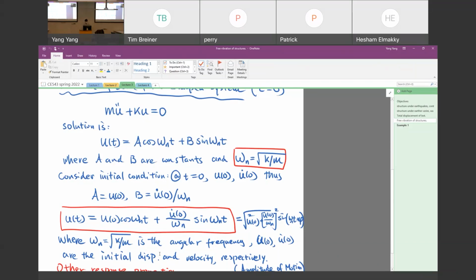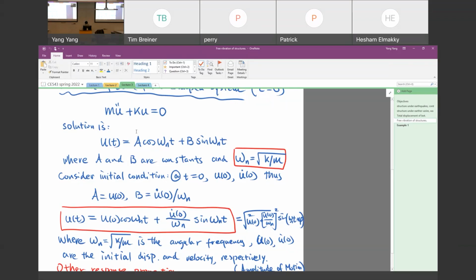So that's, I would say, the first problem that we have solved so far, for a single degree of freedom system without any damping. And before we move forward, any questions regarding the materials we covered last week? Are these in good shape for your homework?